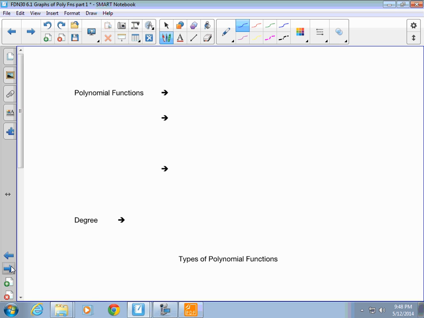Okay, so some things to keep in mind about polynomial functions. Polynomial functions are named according to their degree. And the degree is the highest exponent, normally written so that the powers are descending.